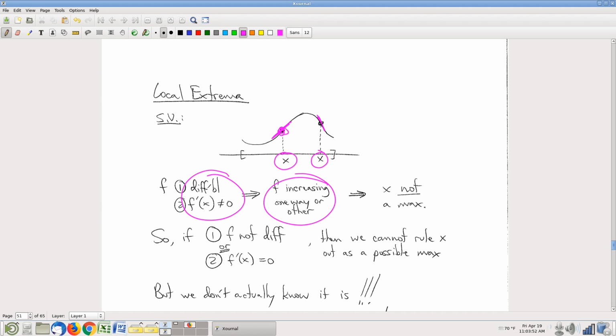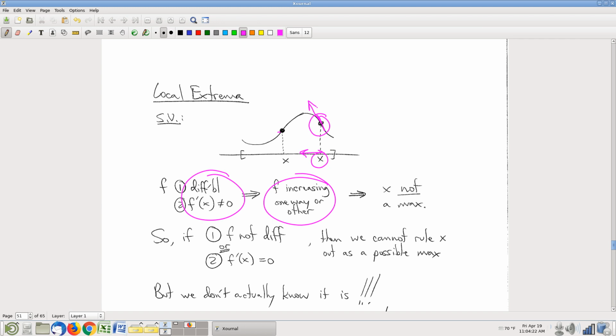Am I at the top of the mountain if, as I walk that way, I'm going uphill? Of course not. It's an immediate kind of thing. And likewise, for this point over here, the derivative is negative, but that means that as you go that way, the function is increasing. If the function is still actively increasing, you're not at the maximum.